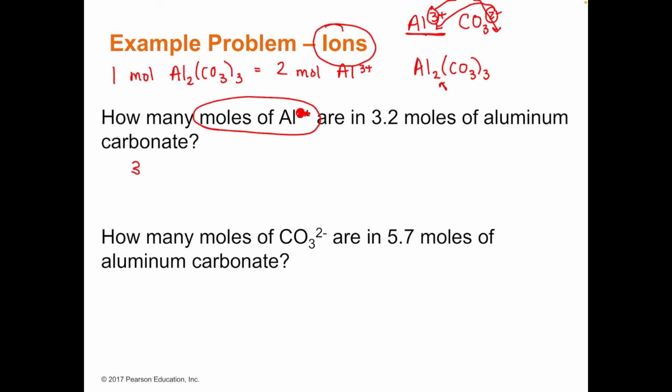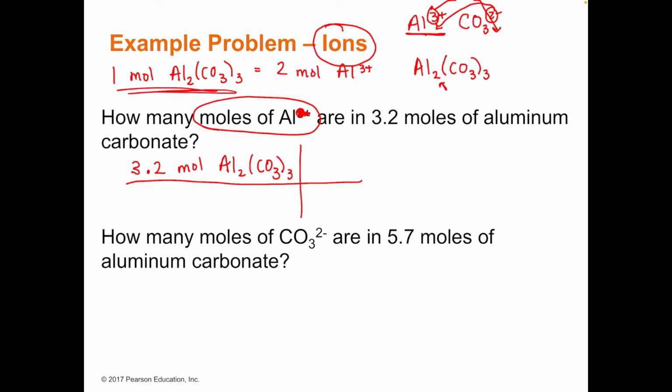When we're starting off our train track, we have 3.2 moles of aluminum carbonate. That means our moles of aluminum carbonate are going to need to go on the bottom, because we're canceling down and to the right.